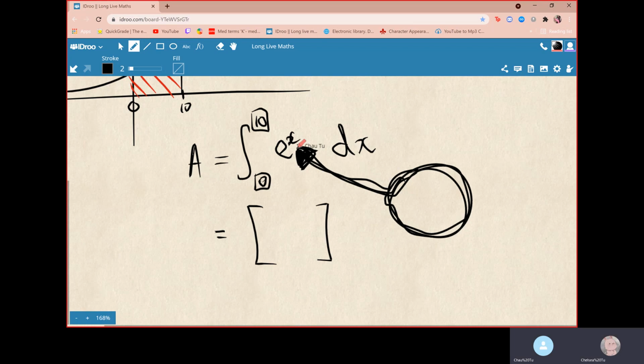What is it? Something with e, e to the power of e? No, very close. It's very easy. It's not e to the power of e, but e to the power of x.